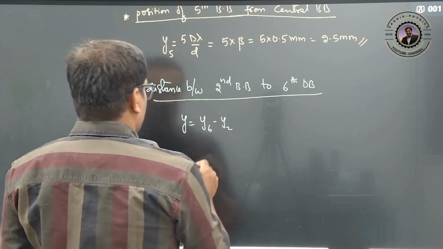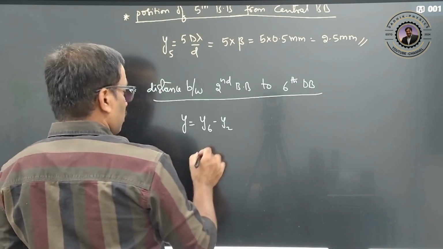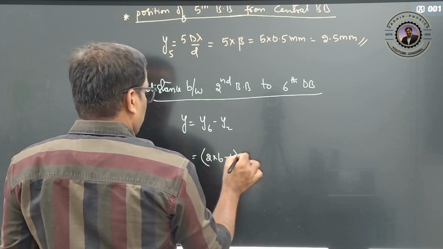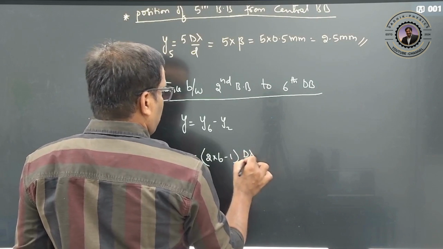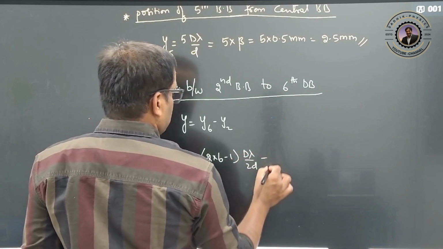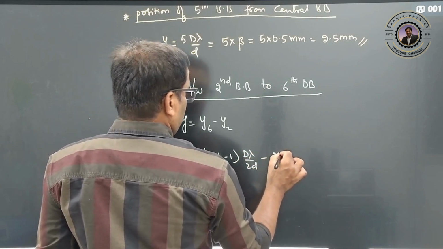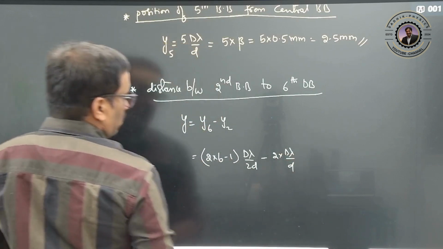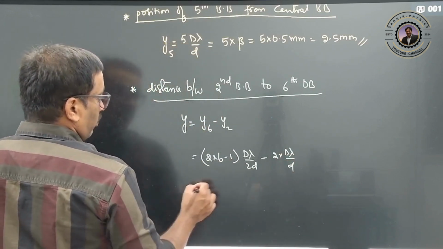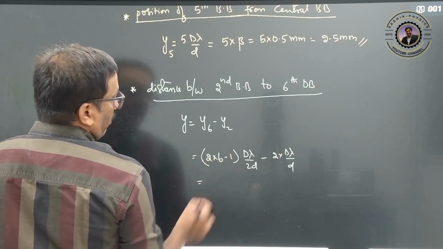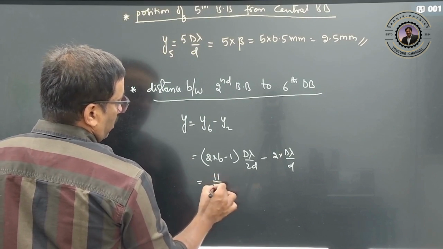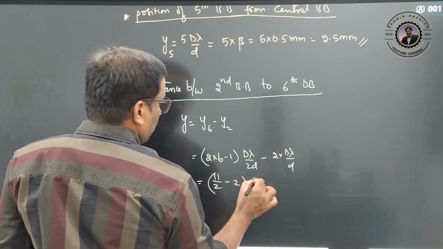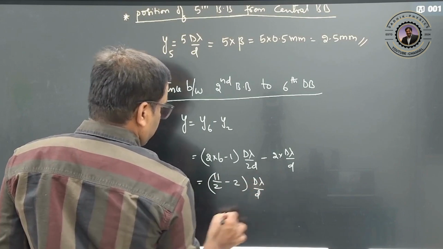So y6 is nothing but (2n minus 1), 2 into 6 minus 1, into D lambda by 2d, minus 2 into D lambda by d. So here this is 12 minus 1, 11 by 2, minus 2 into D lambda by d.